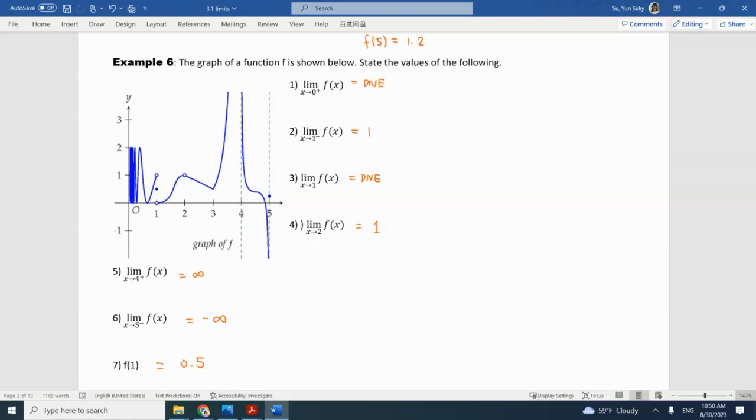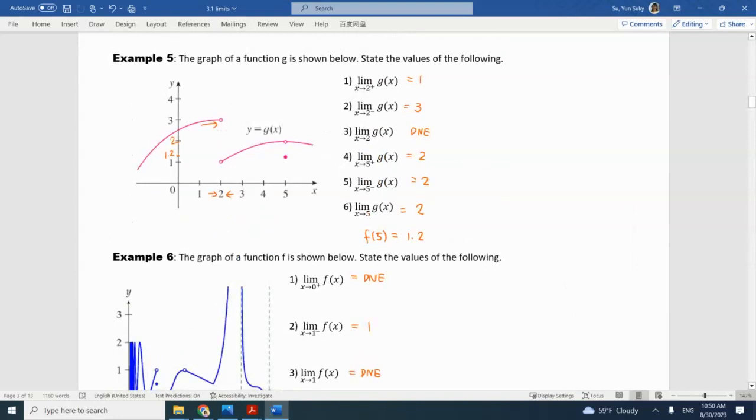Like the last problem, I know that number is slightly higher than 1, so I guess 1.2. But in the exam, I will make sure the point is an integer, so we don't need to guess. In the exam. Okay, good.